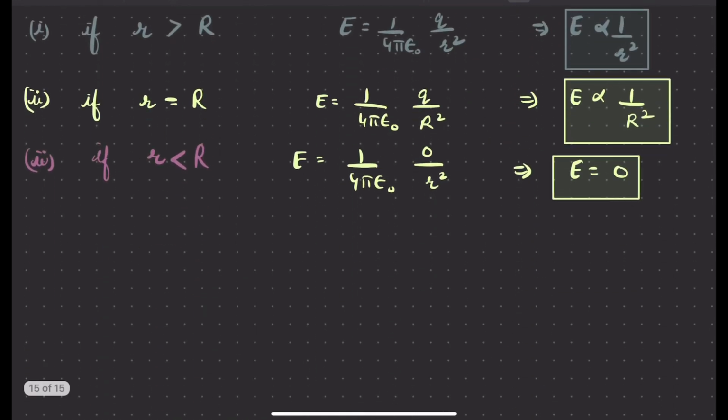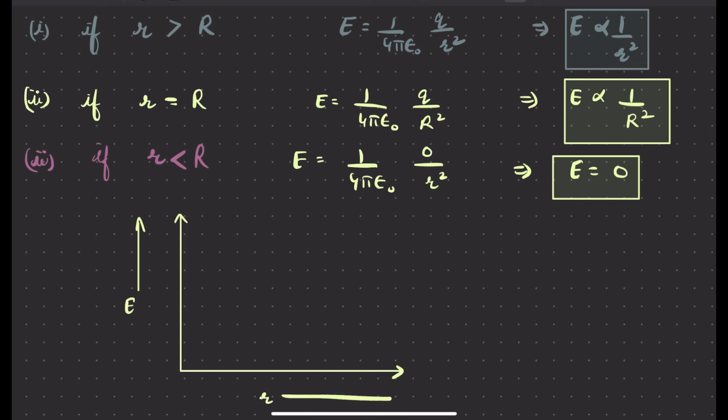Now if we want to represent it on a graph, how can we represent it? Let us consider the variation of electric field intensity with the distance r. So electric field intensity we will take along the y-axis, and distance from the center of the spherical shell is taken along the x-axis.